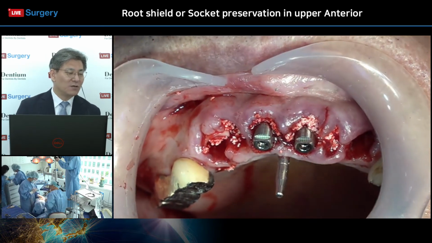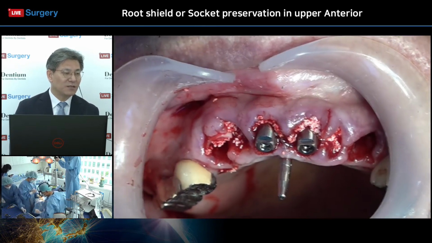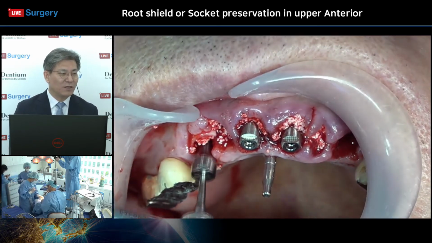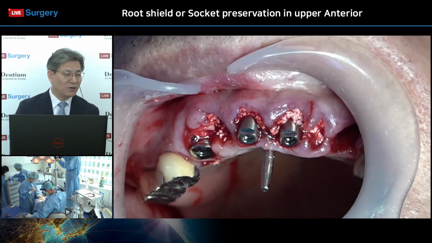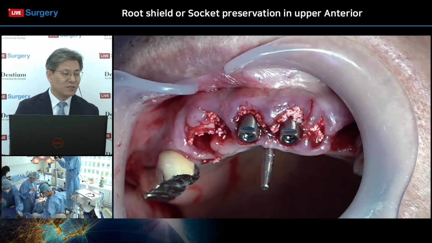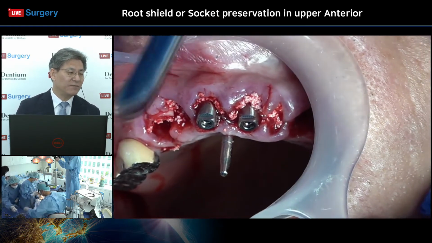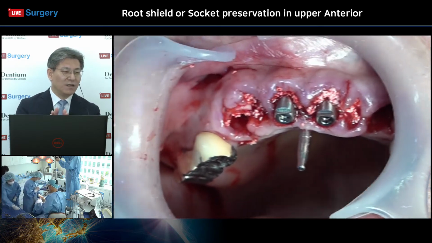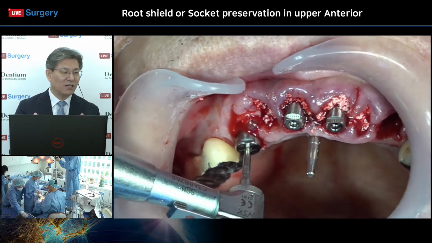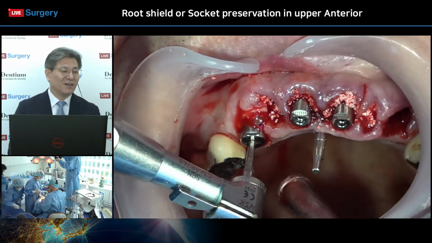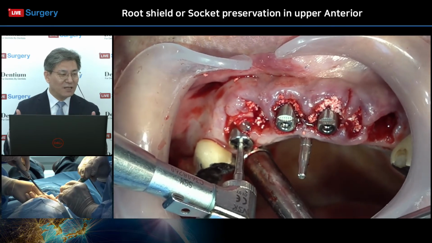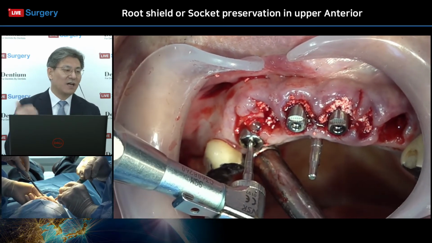With an ordinary system, at the first time, we have to decide bone level or tissue level. Depending on your decision, the drill sequence or some procedures are different. So it's a different way at the starting point, the starting line. But this Prime system is the same. The starting line is the same, and the finishing line is different.